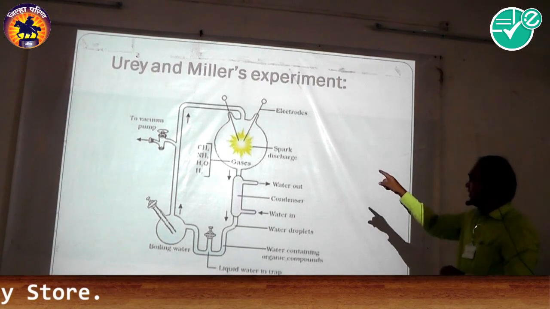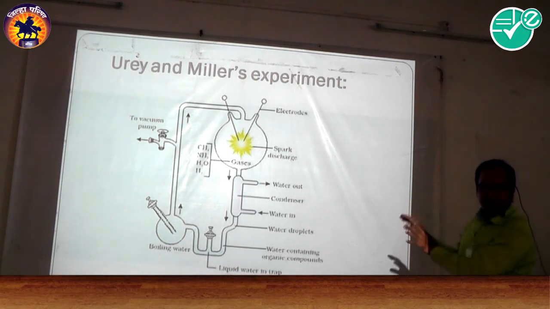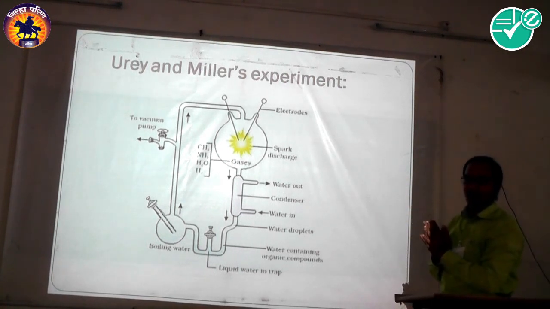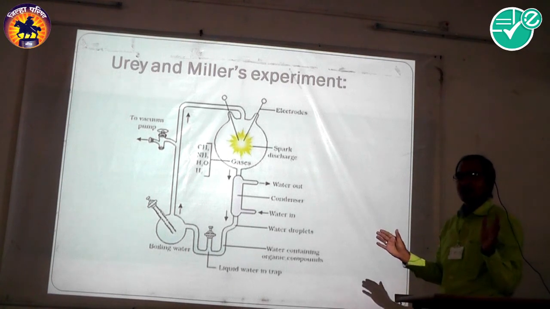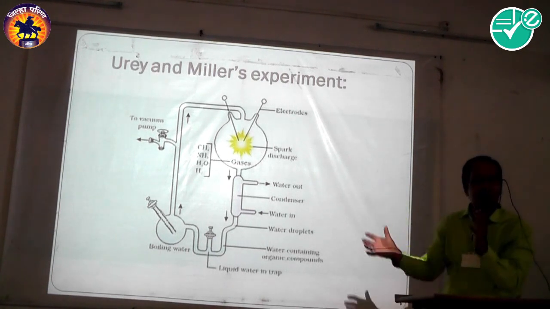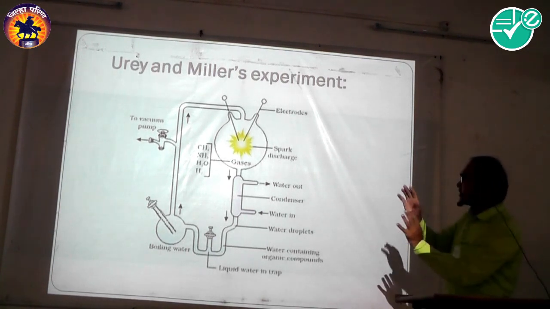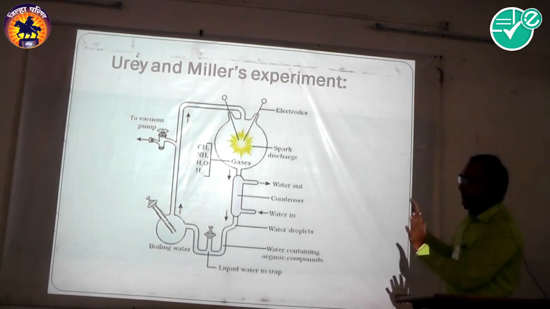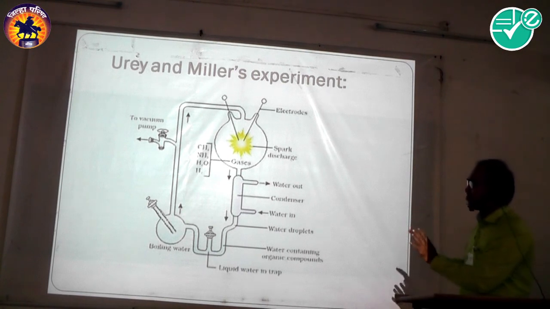That represents the atmosphere of the earth. Around the earth there is the presence of atmosphere. So the total condition is simulated here in this experiment by Urey and Miller.